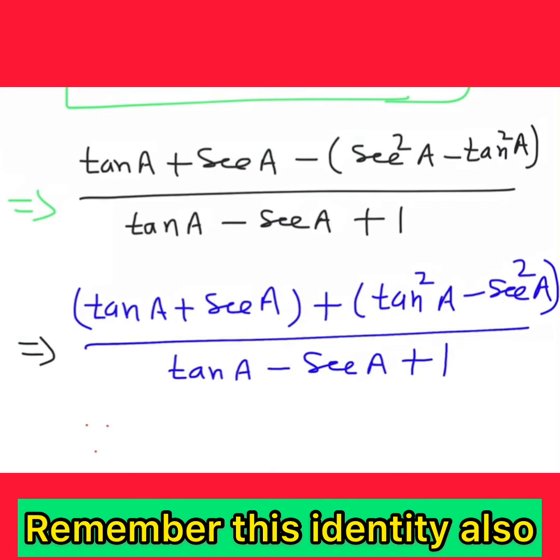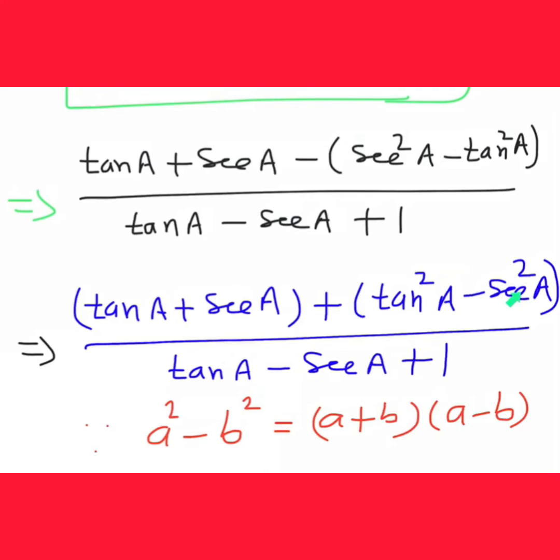Now we will use the identity here: a square minus b square equals a plus b and a minus b. So you will use this identity in this place, because let us consider tan A is a, so this is a square, and sec A let it be b, so it is b square.